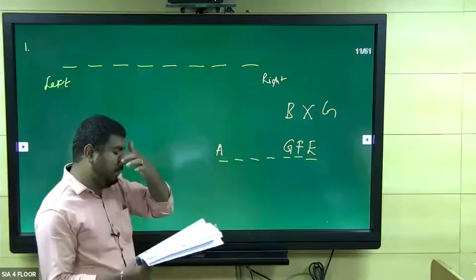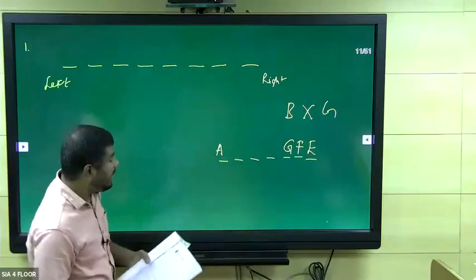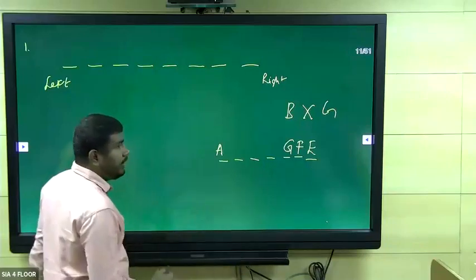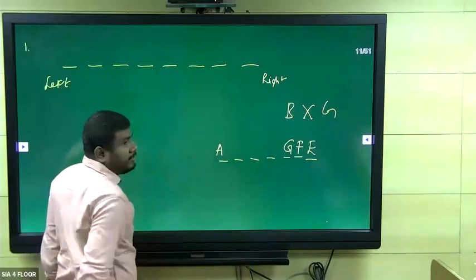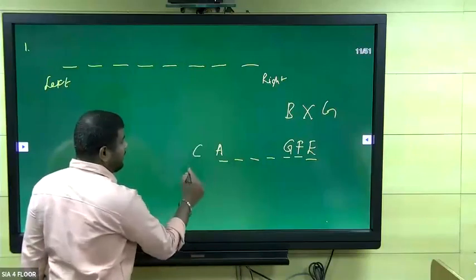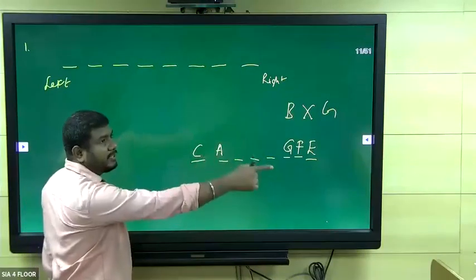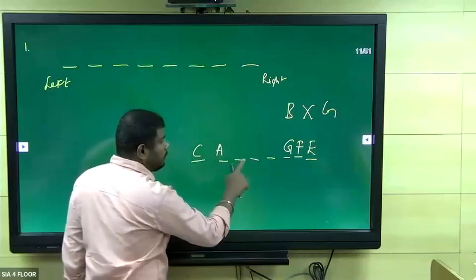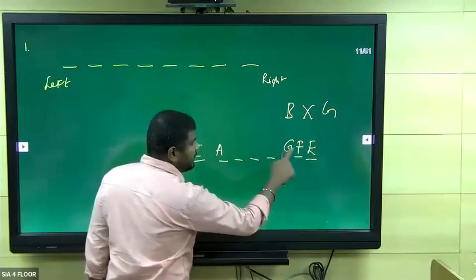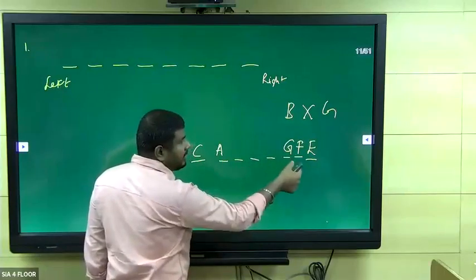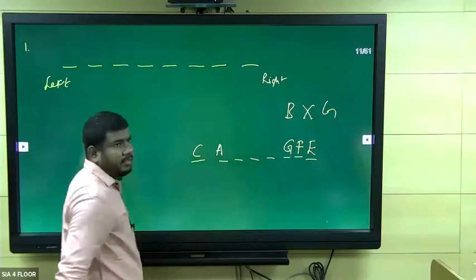Okay. So read the next clue. H is sixth to the right of C. So right direction is this side. If I take C here as the first person, H should be to the right of the sixth person: 1, 2, 3, 4, 5, 6. If I take C here, to the right of 6 from C, F is already there.